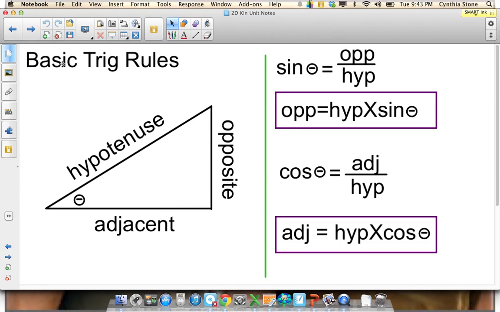First, remember what the basic trig rules are. If I was looking to find this opposite side, I would use the sine rule and say that's the hypotenuse, which in the case of a vector is the magnitude of your main vector, times sine of the angle, and adjacent is hypotenuse times cos of the angle. So if this is my dx, then it's going to be the hypotenuse times cos of theta.